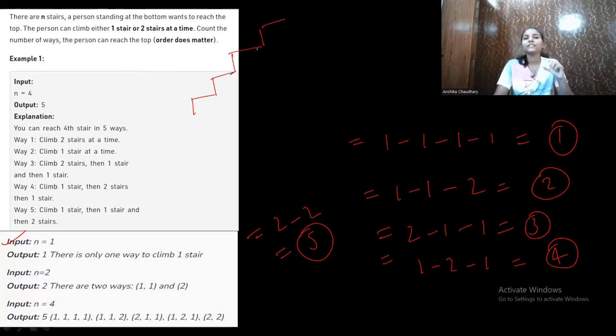If I have to count the total possible ways to reach the top of four stairs, I can say that if you can give me the total possible ways to reach the third stair, then I can tell you the total possible ways to reach the fourth step. Suppose you have given me the total possible ways to reach the third stair, so I can easily find out the total possible ways to reach the fourth step.